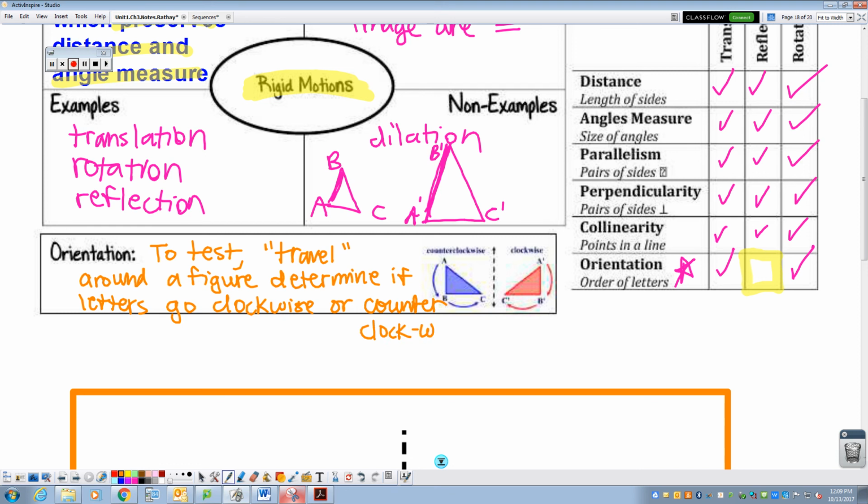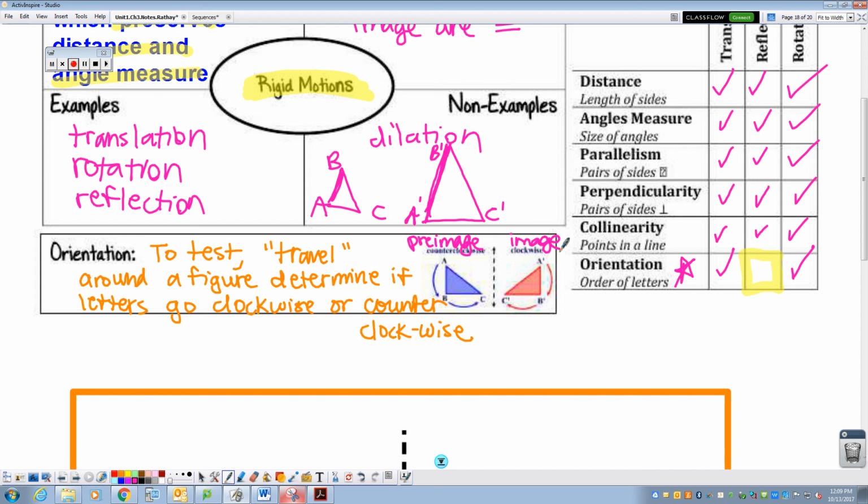And again, this is really just a test to see if the orientation has changed, not a definition. So looking at our example, we have two triangles. The blue triangle is the pre-image, and the red triangle is the image after a reflection across this dashed line.